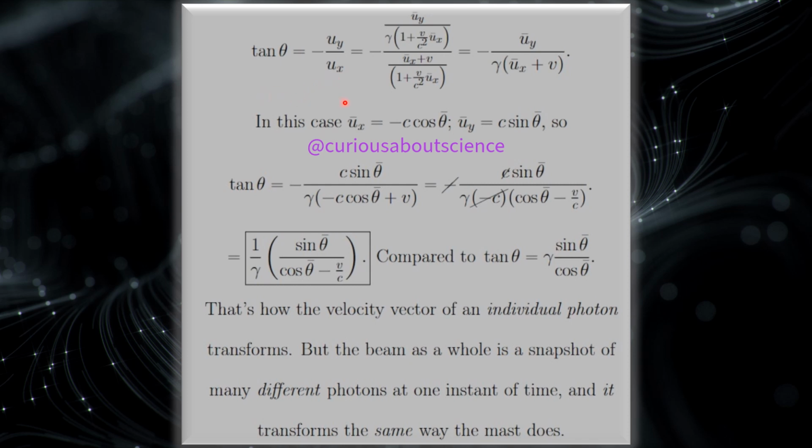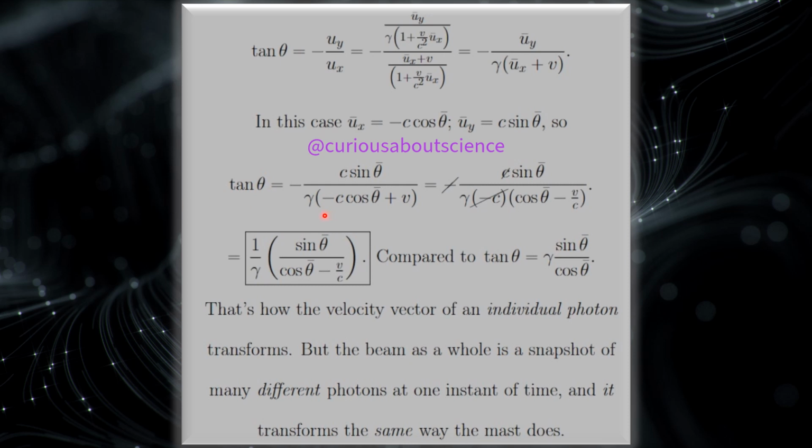Now, in this case, u bar x, since we know what we're seeing on the ship, is equal to negative c cosine theta bar, and u bar y is equal to c sine theta bar, of course. So let's plug them all in. And this was why we knew to use u bar y over u bar x, because of the relationship between sine and cosine. That makes sense. Let's plug it in and see what we're doing.